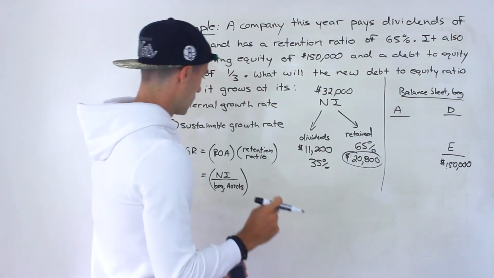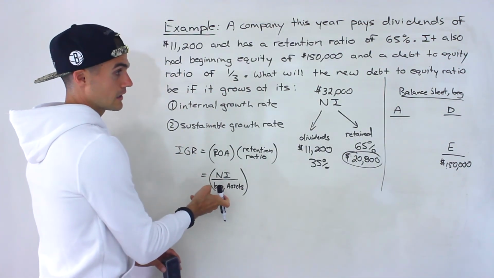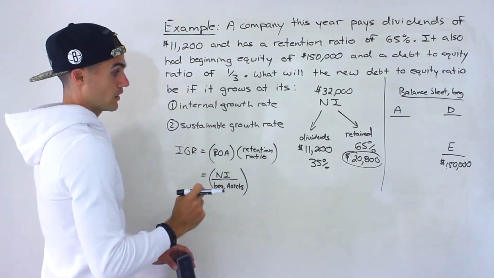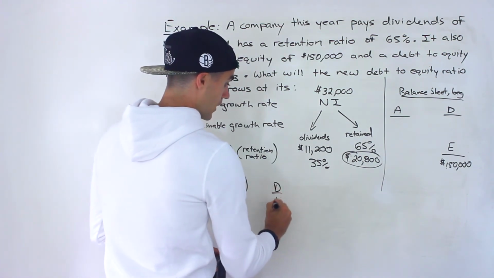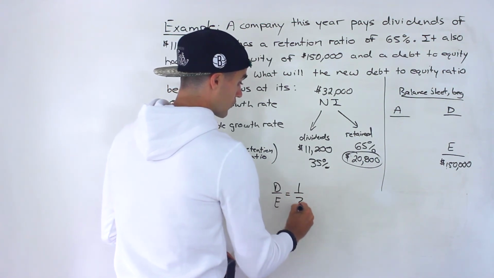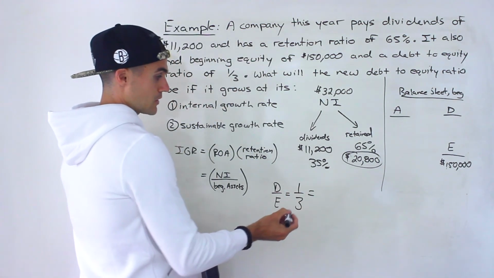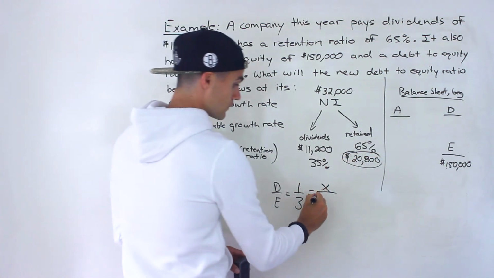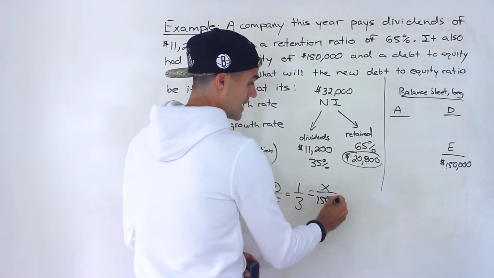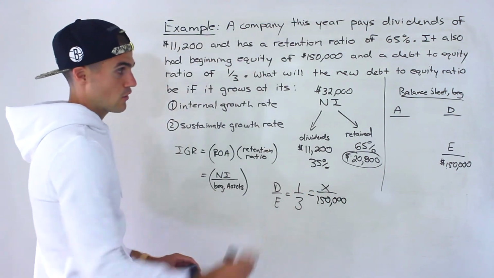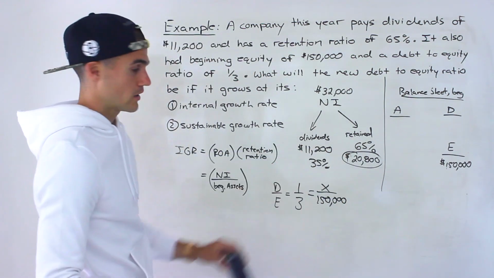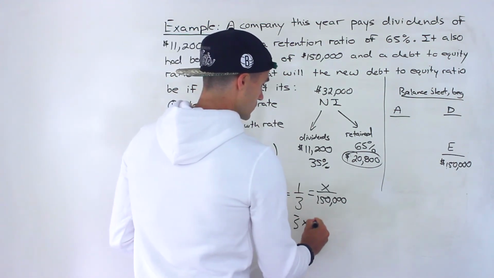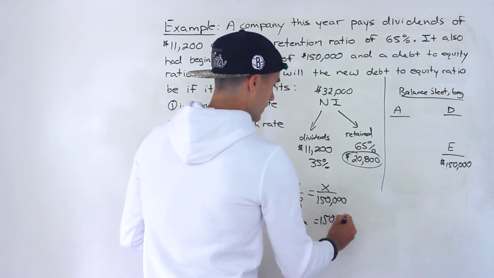But what we need for the internal growth rate is the beginning assets. And we're given the debt to equity ratio of 1/3. So debt over equity equals 1/3. Notice that we could solve for the debt over here because we're given the equity of 150,000. And then once we have the debt, we can easily solve for the assets by adding that right side of the balance sheet up. So cross multiplying here, we'd have 3x equals 150,000.